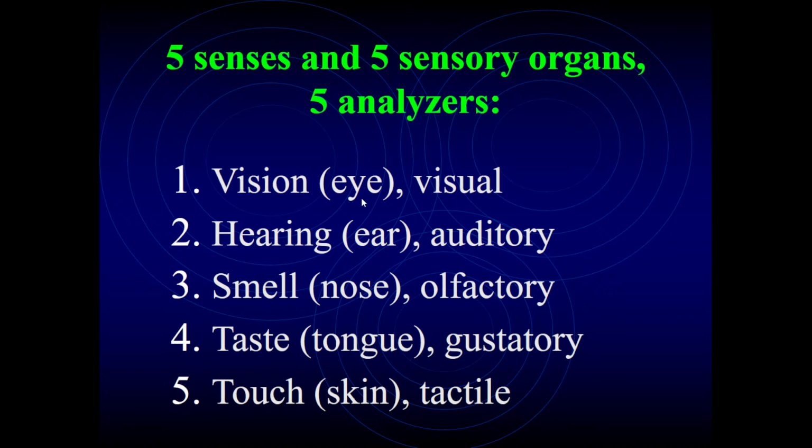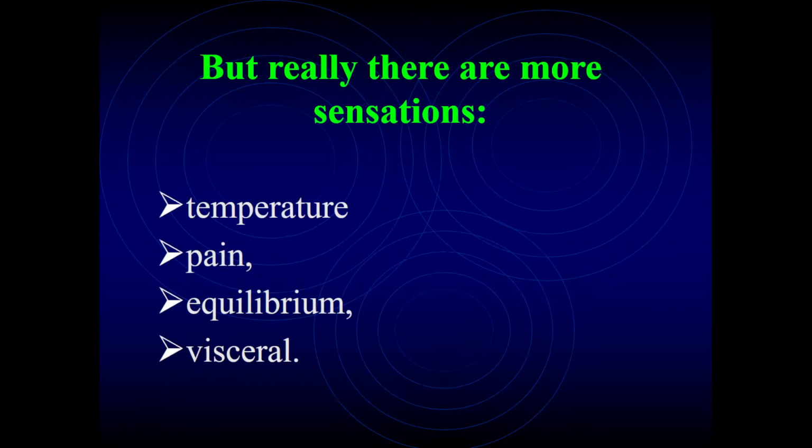And also 5 corresponding sense organs like eye, ear, nose, tongue, and skin. However, in real life, there are more. Also, we have temperature sensation, pain sensation, equilibrium, visceral sensation.